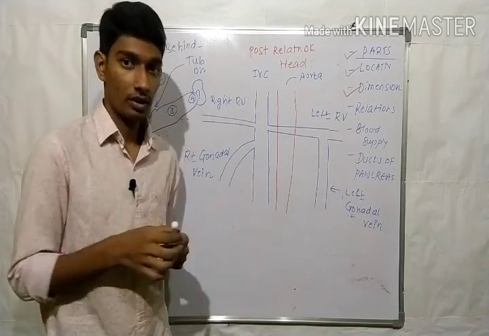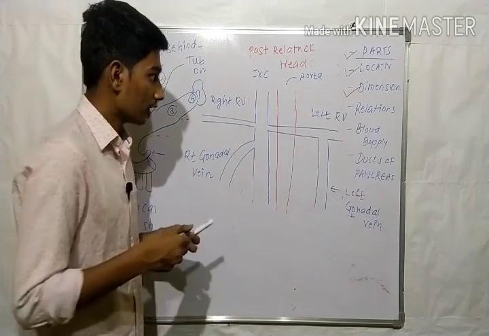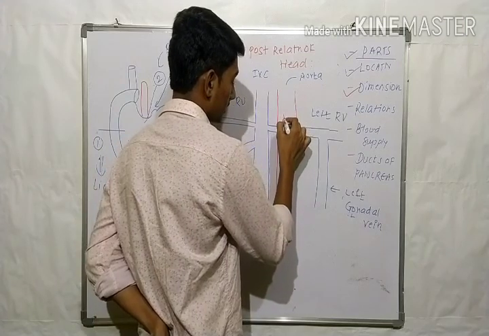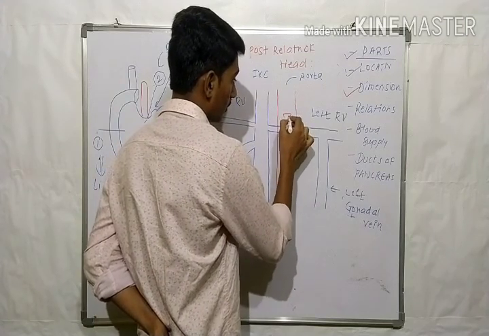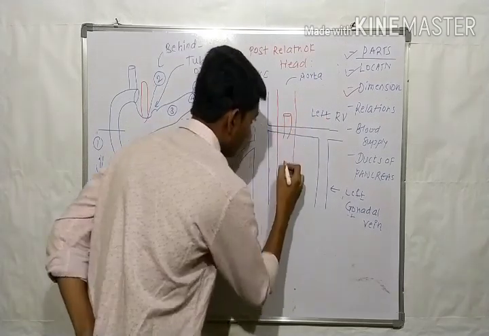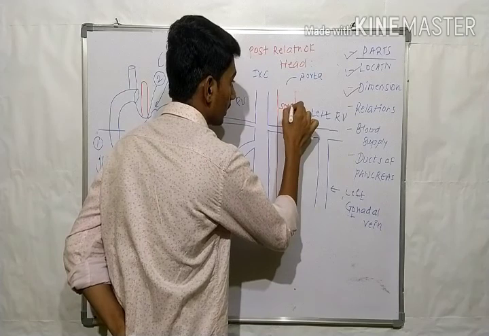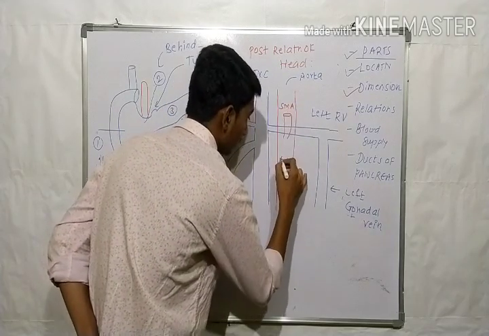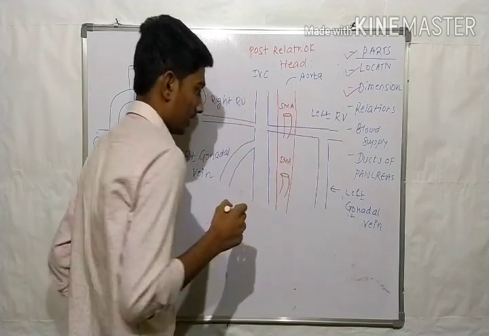Now here one artery is present, and this artery is ventral to the aorta. This artery is superior mesenteric artery. In the upper part, and in lower part there is inferior mesenteric artery.